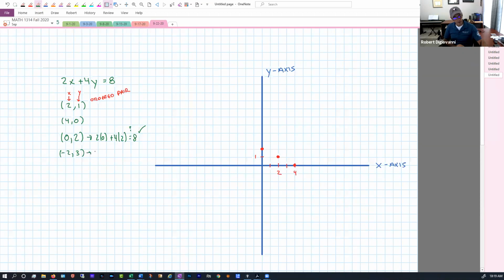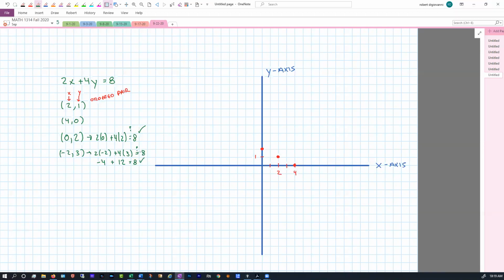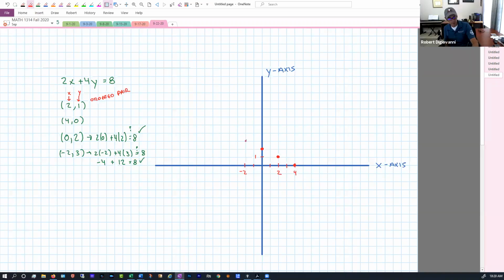So let's check. 2 times -2 for the X plus 4 times 3 for the Y. Is that equal to 8? Well, that's -4 plus 12, and that is 8. Good. Did you just think through that? Yeah, I just looked at the graph and the pattern. Okay, got you. So -2 is here, and then up 3, 1, 2, 3.